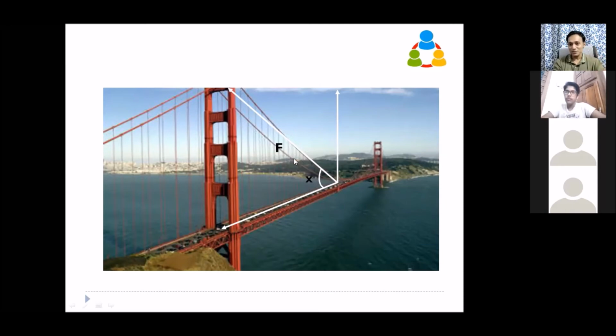And if, instead of this height, it is from here, the sin x value will further reduce. If x is lower, the sin x value is lower. When x is 90 is when you get the entire F towards this direction. That is, sin x becomes 1 when x is 90. So the farther this F is from the direction in which you want the force, the lower will be the force.